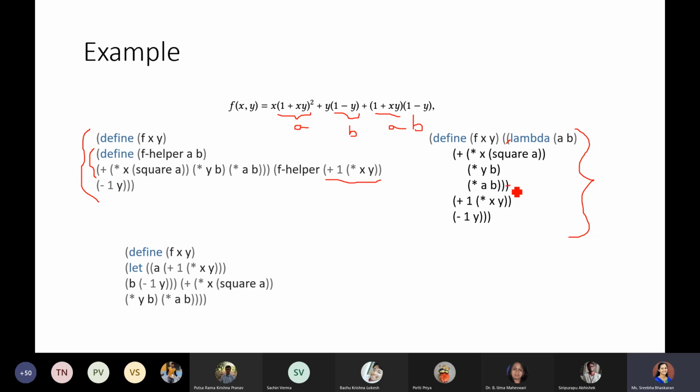Lambda, a and b are my arguments. As the body of my let, I have plus first expression, closing of the first expression, closing of the second expression, closing of the third expression. The third expression is closed here. This is for plus. So lambda is getting closed here, and I've closed the lambda part.